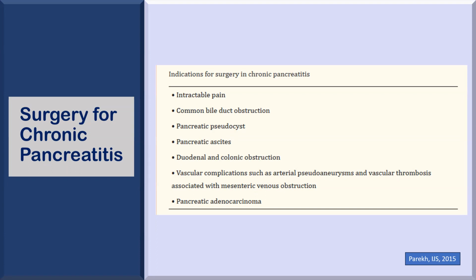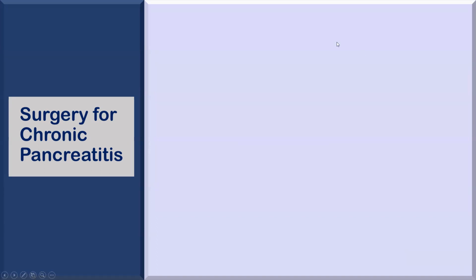What is the degree of confusion? Maybe 10%, sir. Correct. In about 10% of cases, with all the things at your disposal, you will not be able to differentiate whether a mass is a carcinomatous mass or an inflammatory mass. All right. So these are the indications for surgery.